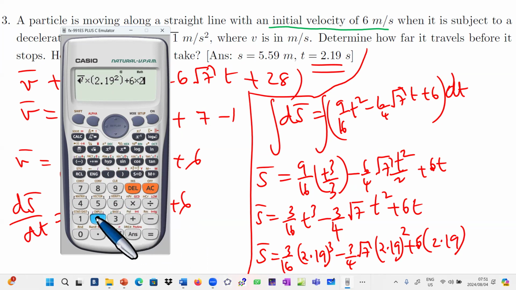Plus 6 times 2.19. Yay! We got it. I'm wondering why it did not come out earlier. Okay. Right, so there it is. It is 5.59 meters.